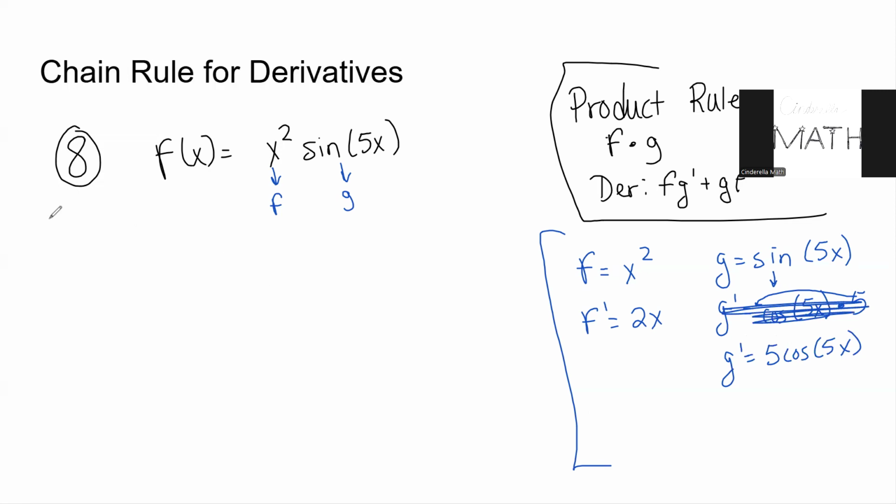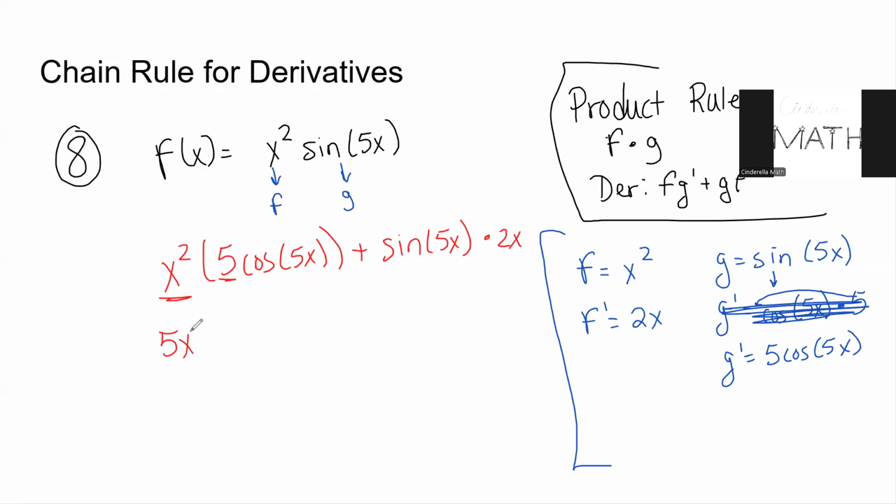And now, following the product rule, it's f g prime plus g times f prime. And then just clean this up. Right here, x squared times 5 could be 5x squared cosine of 5x.